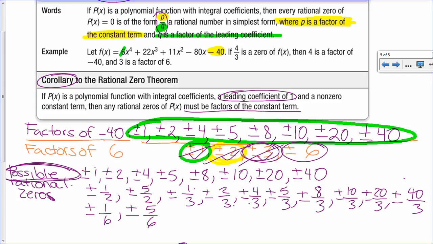So imagine that we didn't have the 2, the 3, and the 6 here, like if the leading coefficient was just the 1. Then the possible zeros will just be these ones here, because we're only dividing by 1. All right? Okay, so let's see this theorem in practice now.